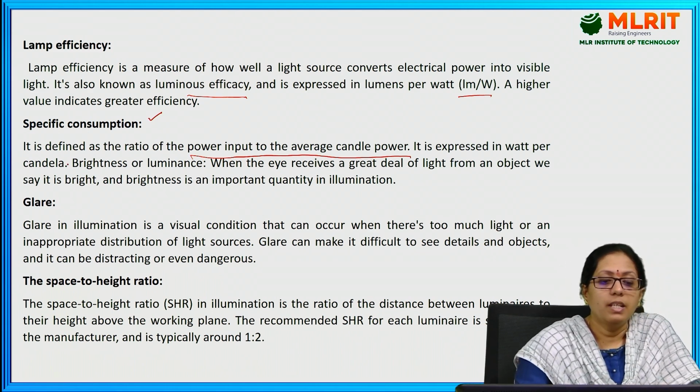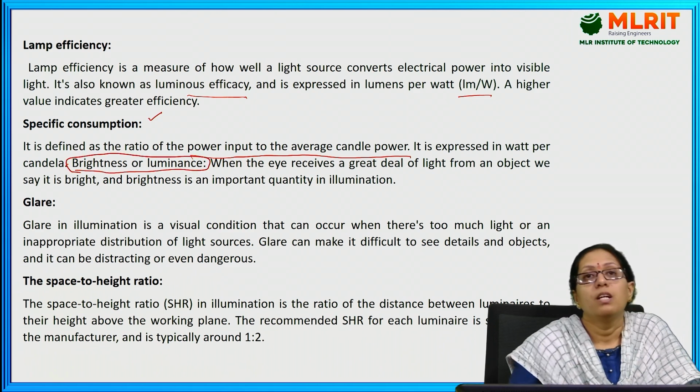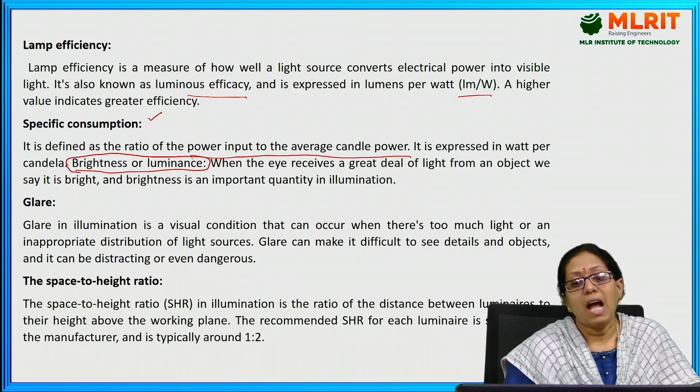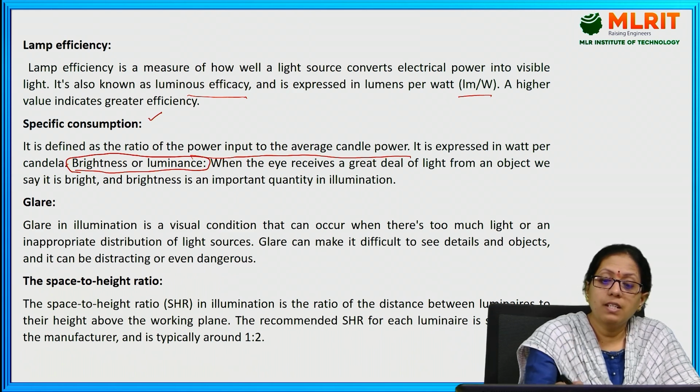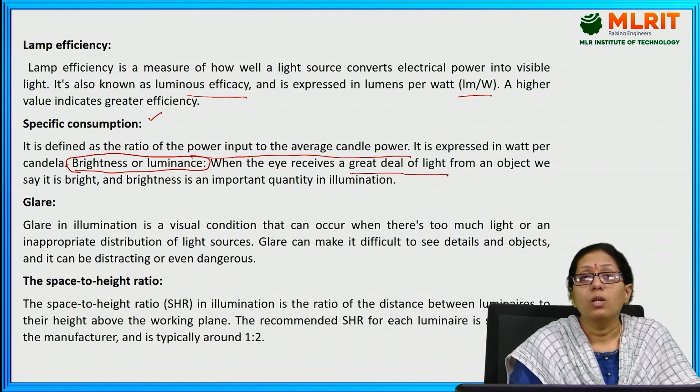So the next one is brightness and luminance. When the eye receives a great deal of light from an object, we say that it is bright.